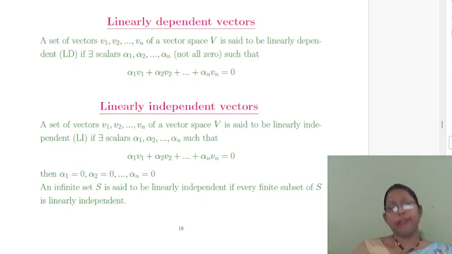Then we say that the set of vectors v1, v2 up to vn are linearly independent. An infinite set S is linearly independent if you take any finite subset of that infinite set, and that finite subset is linearly independent, then we say that the infinite set is linearly independent.